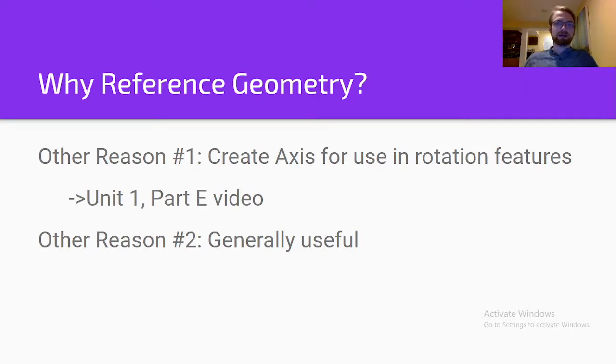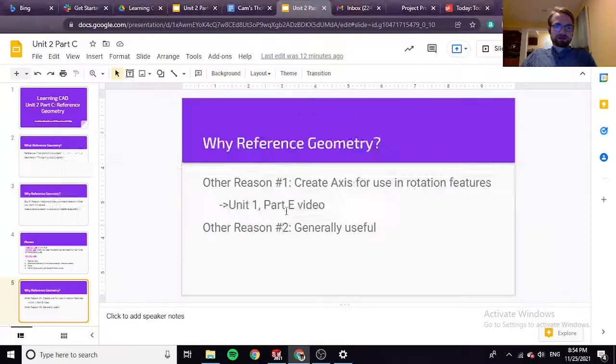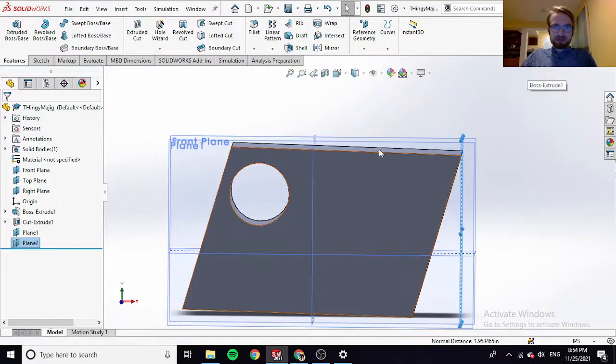Those options might come in handy, especially axes if you're using rotation features, which we talked about in Unit 1, Part E. Those are features where we're taking a sketch and rotating it around an axis. Well, if our axis isn't in a sketch nicely for us, we can create them ourselves. We'll show you that in a second, and they're also just generally useful, so we'll demo those two things.